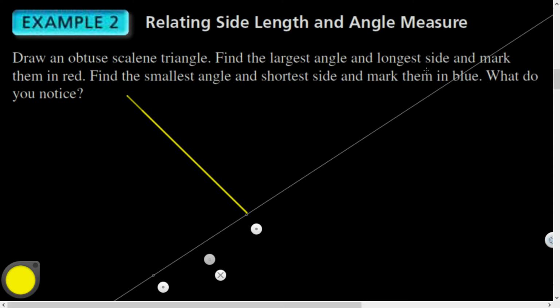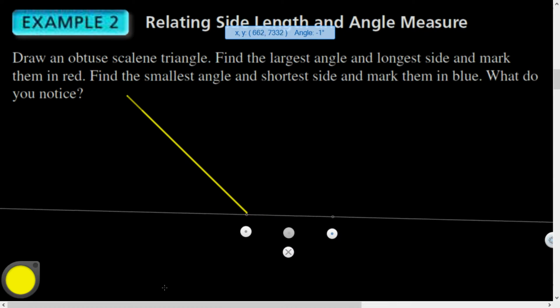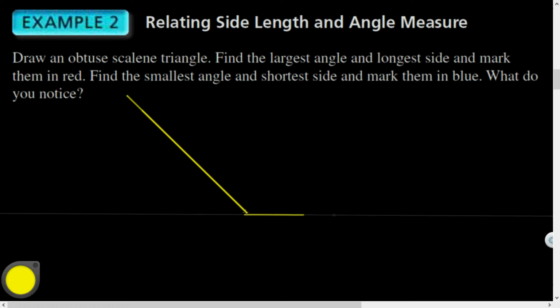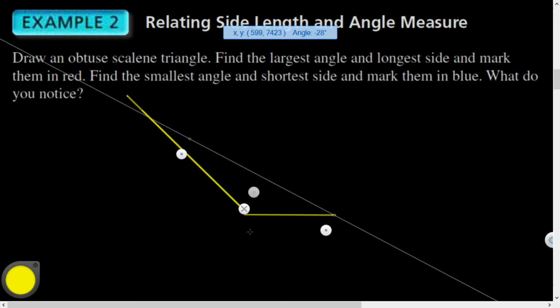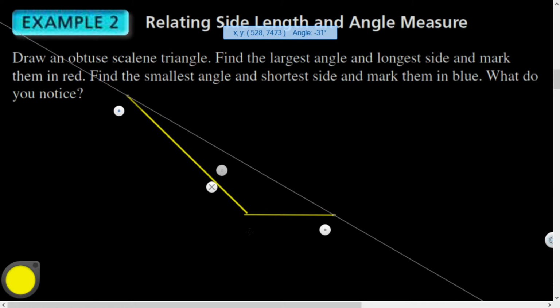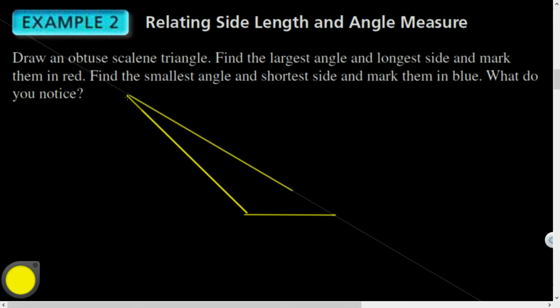Oh, obtuse? Oh, my bad. I think we should make all three sides different. Yeah, maybe make all three angles obtuse. This angle I drew past the 90-degree point in my mind.